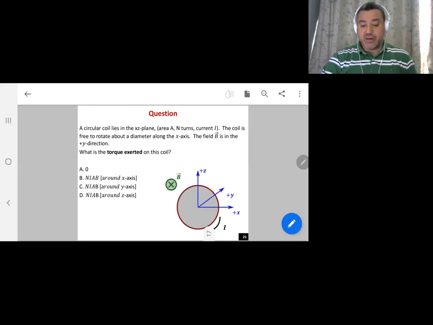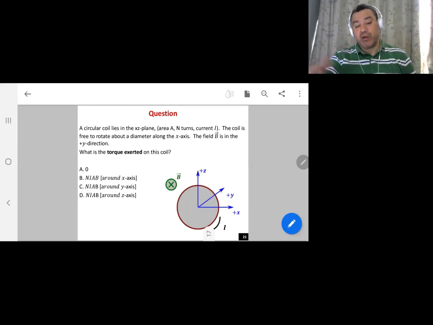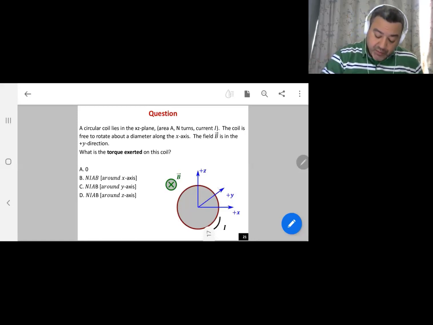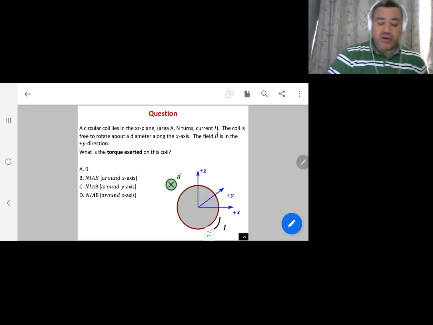After calculating the magnetic dipole moment, we found that, due to the current rotating clockwise, the magnetic dipole moment was pointing in the positive y direction, which is the same direction as the magnetic field, and that's why the torque exerted on that loop was 0.